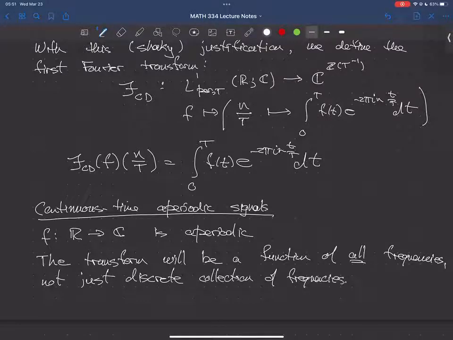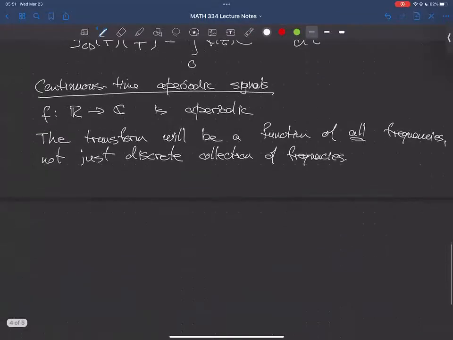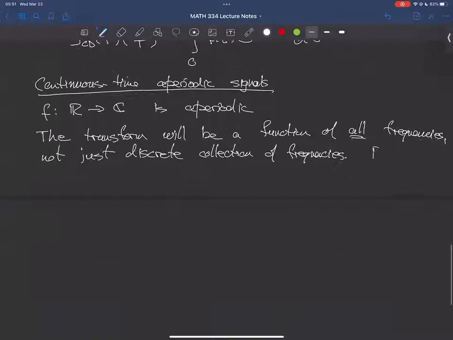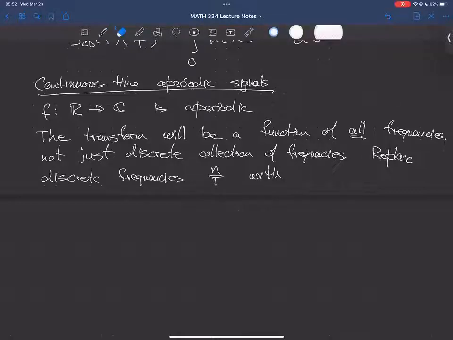Okay, and so what that means really is it means replacing n over T in this formula with an arbitrary real number. So we replace the discrete frequencies n over T with continuous frequency.